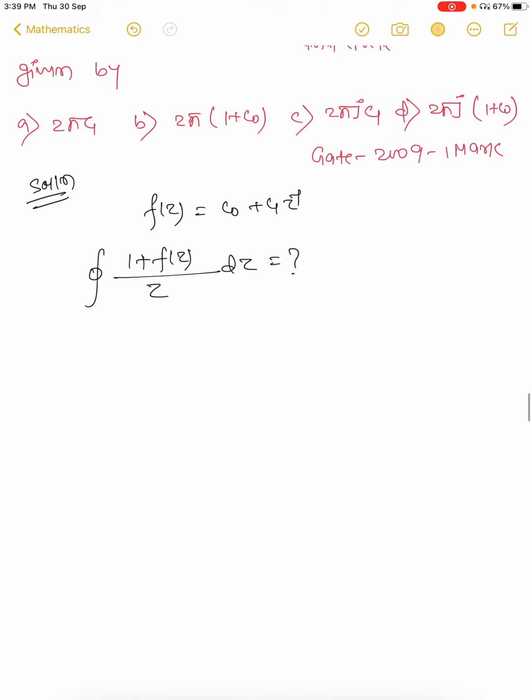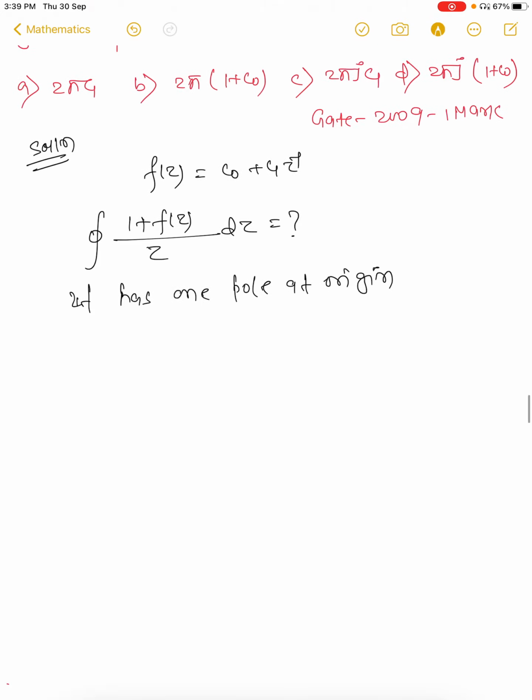The unit circle has one pole at the origin.